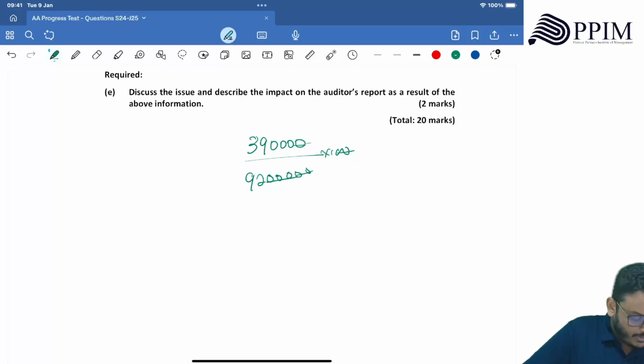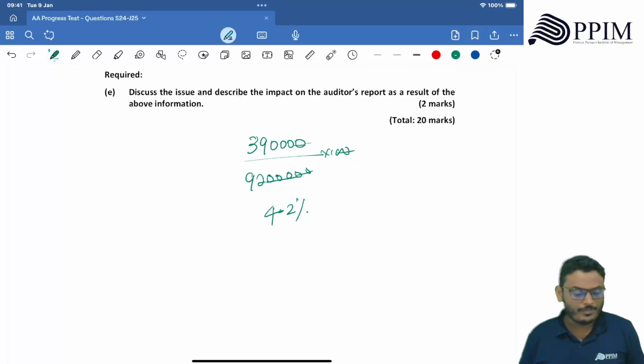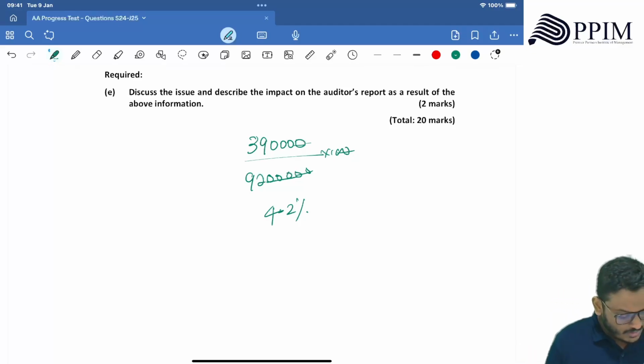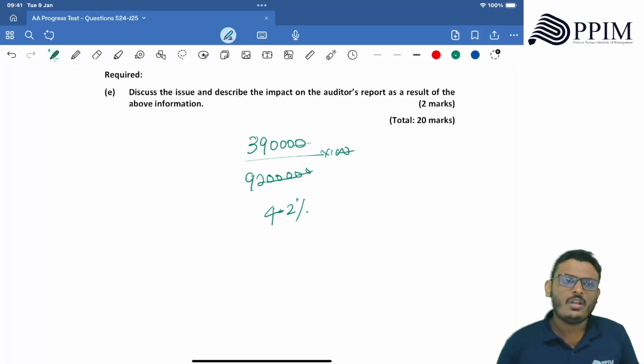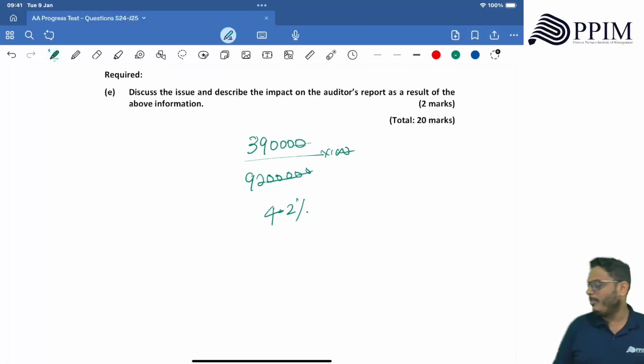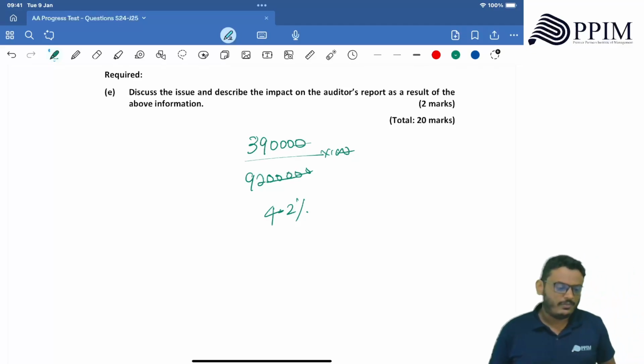So percentage-wise, if you see, it is 4.2%, which is obviously not material. So this is not material. The opinion is true and fair view, the financial statements give a true and fair view. That is the opinion we should give here. Since the marks are 2 marks, no need to write in detail, but the opinion is what? True and fair view.